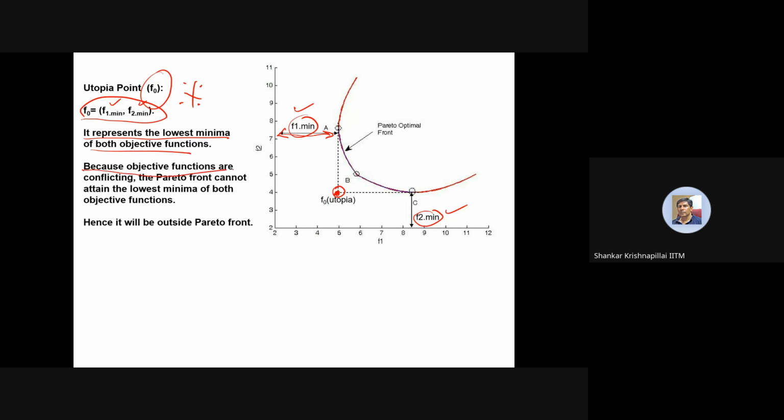But because the objective functions are conflicting, the Pareto front cannot touch the utopia point.